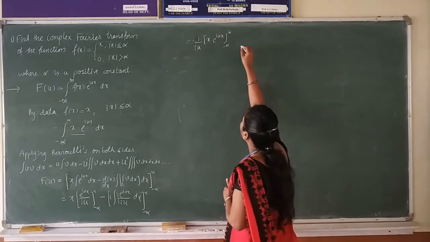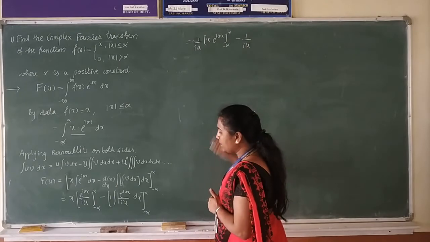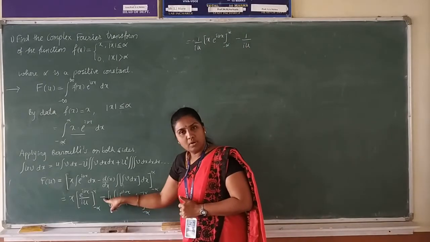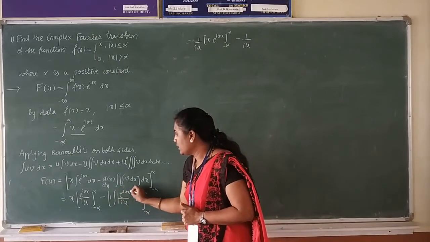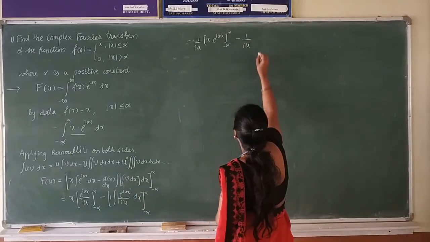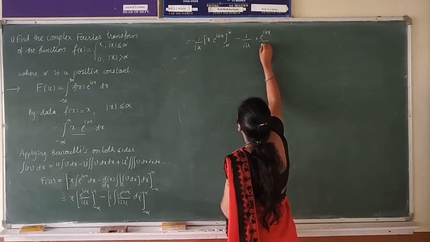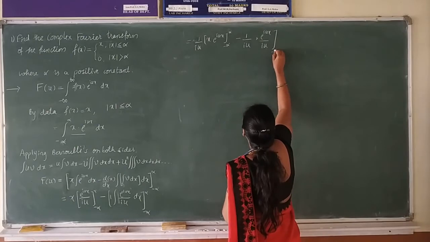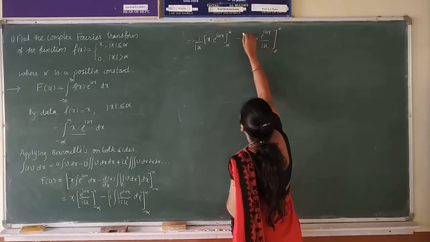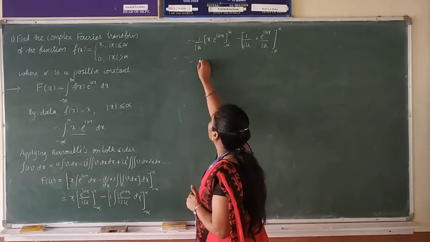Next, to integrate, taking 1 upon iu outside the integration and integrating only this term, we get e to the power iux upon iu, with the limits minus alpha to alpha. Next, 1 upon iu.